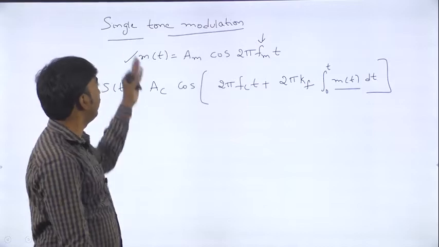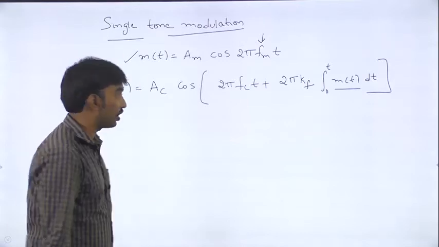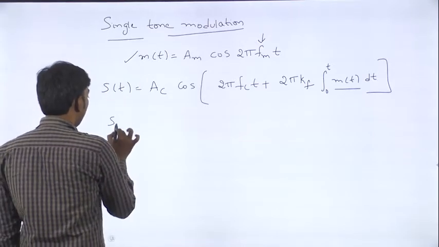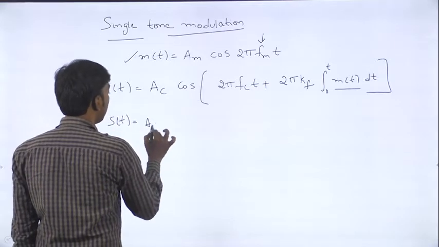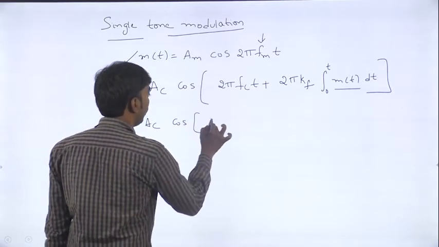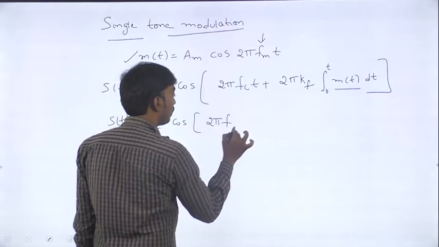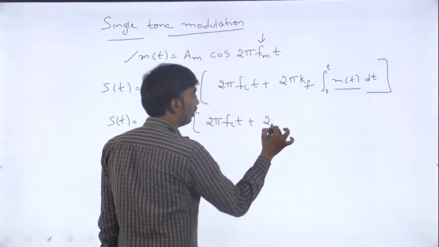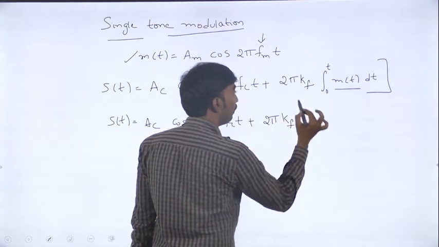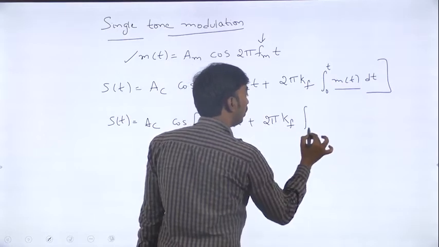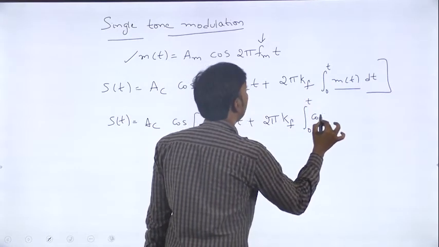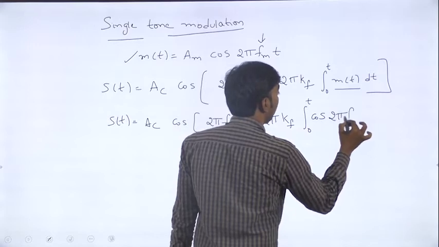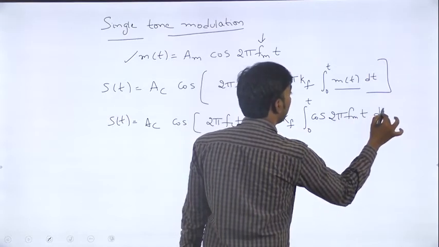Then you are going to get the expression for the single tone modulation. Now S of t is equal to AC into cos of 2 pi fct plus 2 pi kf into integral 0 to t cos 2 pi fmt dt.